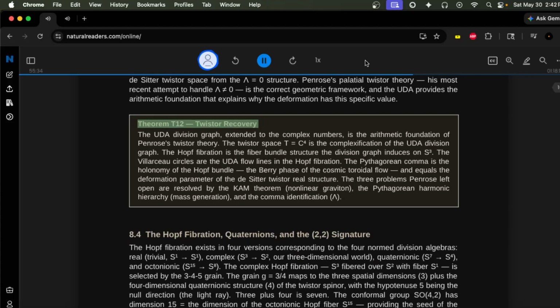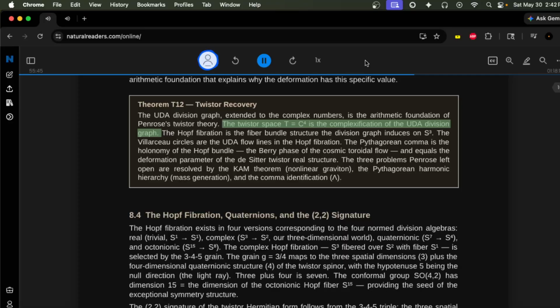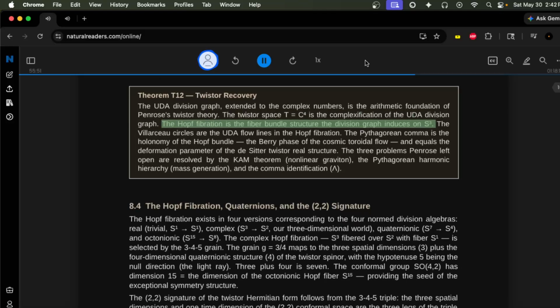Theorem T12, Twistor Recovery. The UDA division graph, extended to the complex numbers, is the arithmetic foundation of Penrose's twistor theory. The twistor space T equals C⁴ is the complexification of the UDA division graph. The Hopf fibration is the fiber bundle structure the division graph induces on S³.